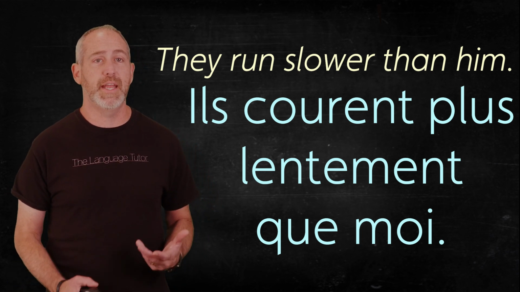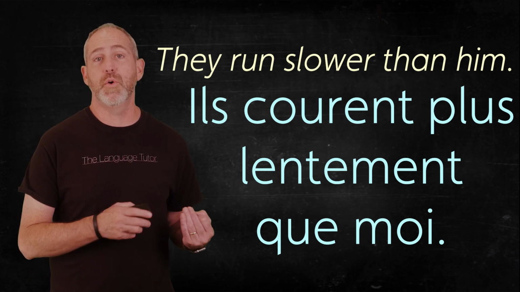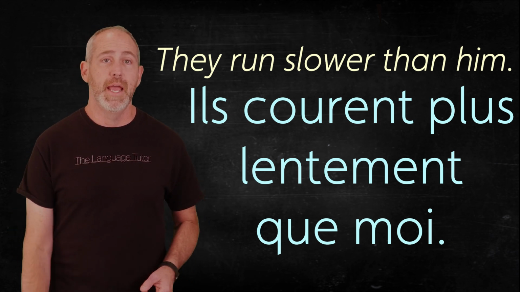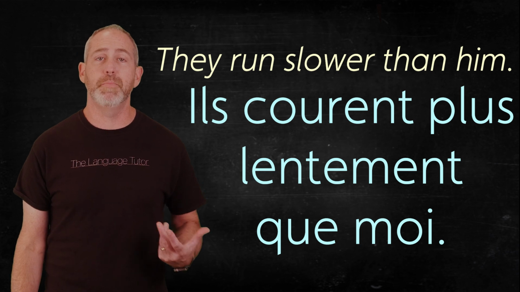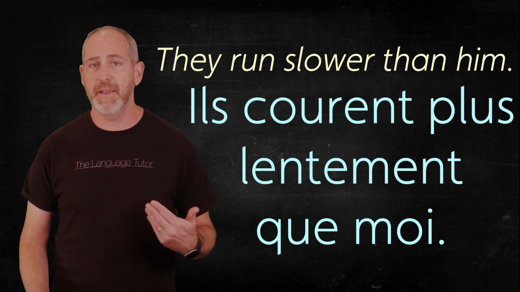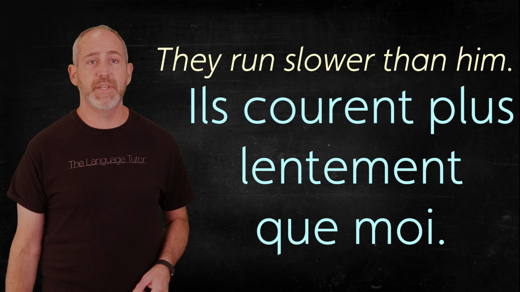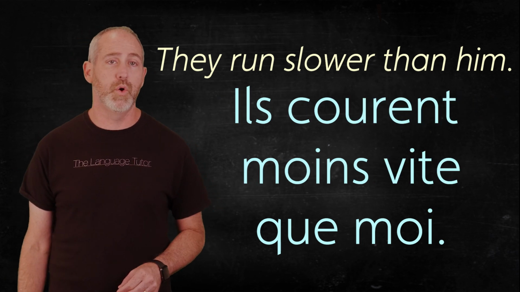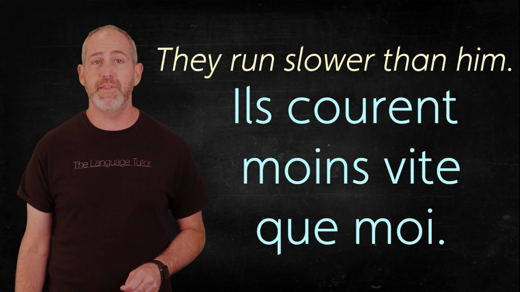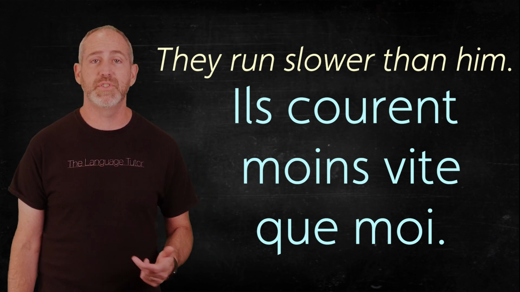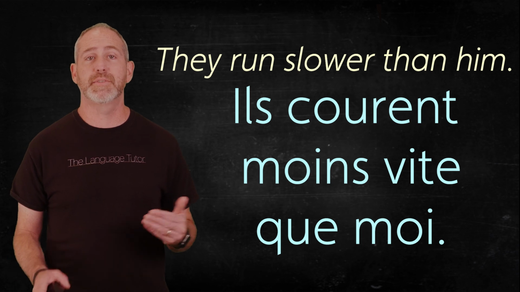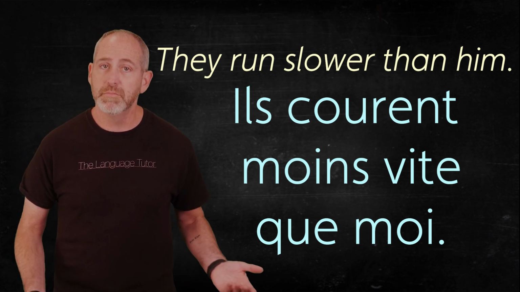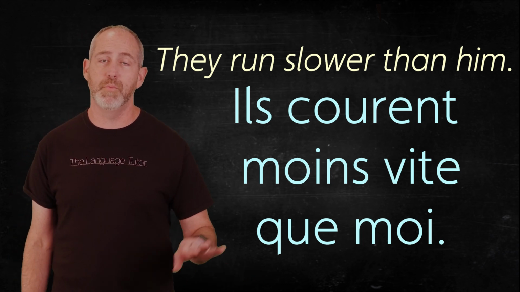Notice in this case, we're saying they run more slowly than me. Now, we're not going to say que je means I, and we're not wanting to say I, we're saying me. Now, here's the other way, using that moins. Il court moins vite que moi. So now we're saying they run less fast than me. Okay, so there's how we can use moins.